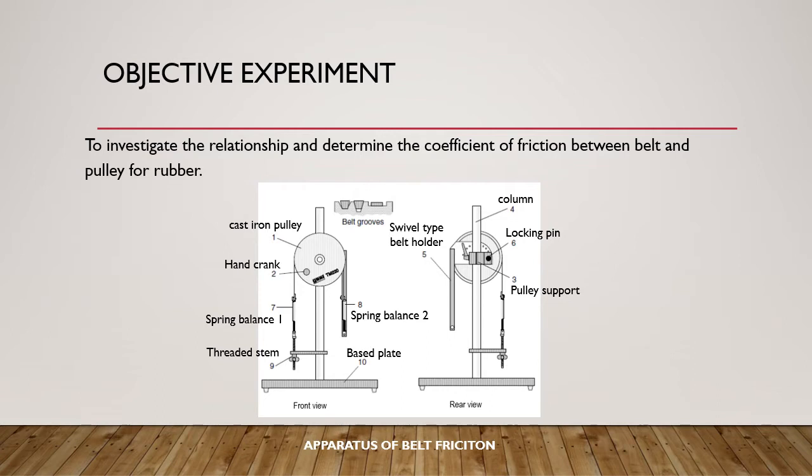Third is the pulley support at the back. Fourth is a column. Fifth is a swivel type belt holder. Sixth is a locking pin, used for setting up the degree. Seventh is spring balance 1 for T1. Eighth, spring balance 2, is for T2. Ninth is the threaded stem, and tenth is a base plate.